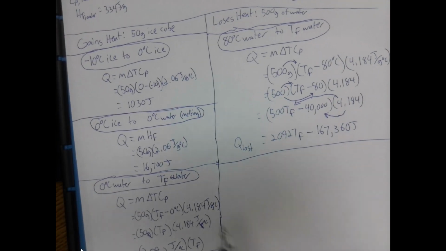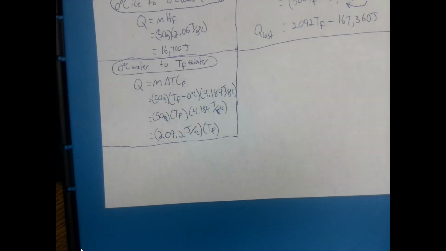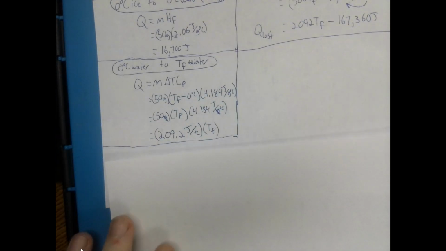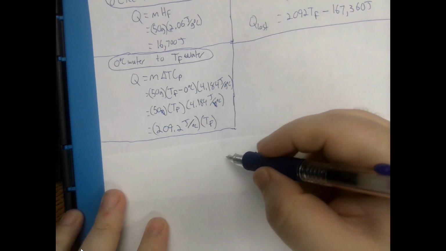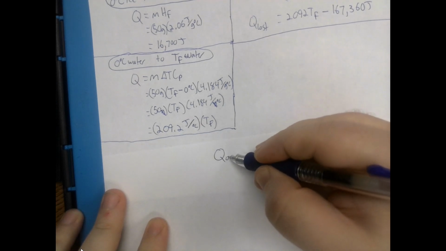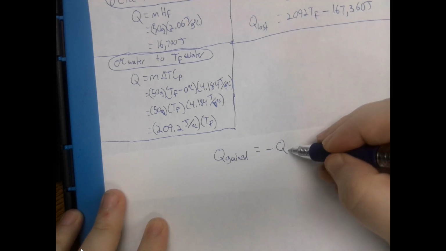So we have our gains and we have our losses. To get our final equation, we start out with our equation, Q gained is equal to minus Q lost.